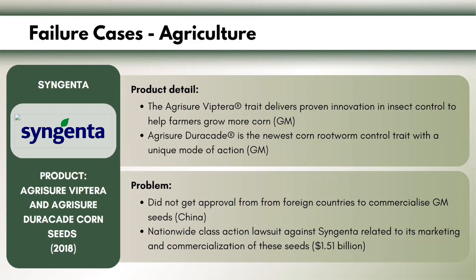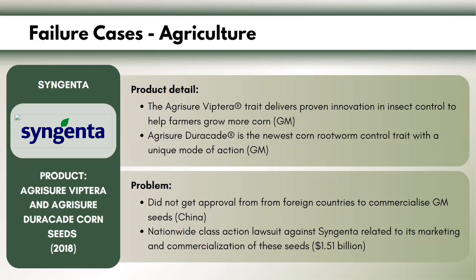AgriSure Viptera has a trait for insect control to help farmers grow more corn. It is a GM, genetically modified, seed. Then we have AgriSure Duracade, which is another product. It is the newest corn to control rootworm in corn with a unique mode of action, and it is also genetically modified corn.